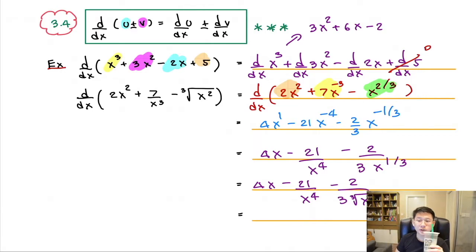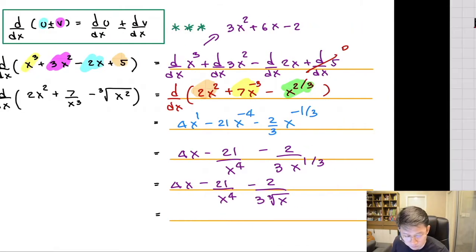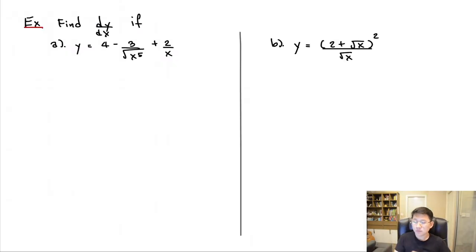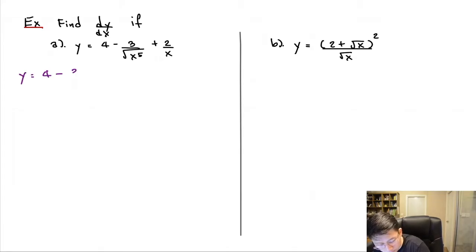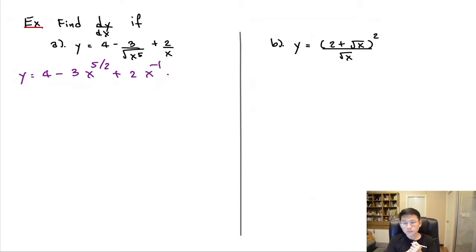Okay, so let's look at more examples. Okay, here we want to find dy by dx of that function. So I have here y equals 4 minus... right?